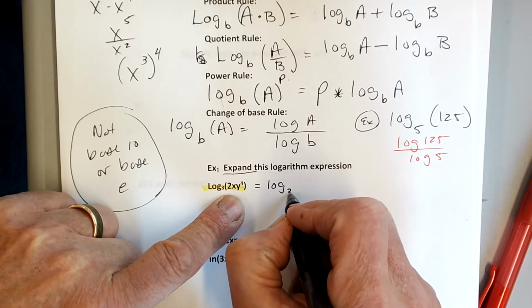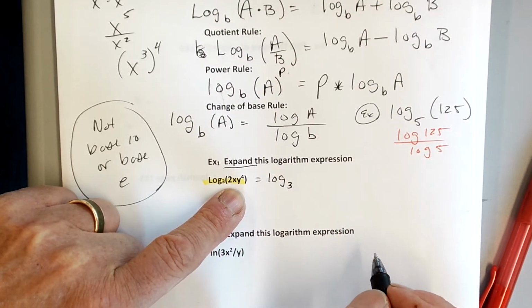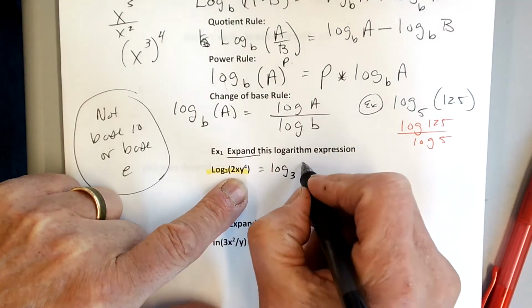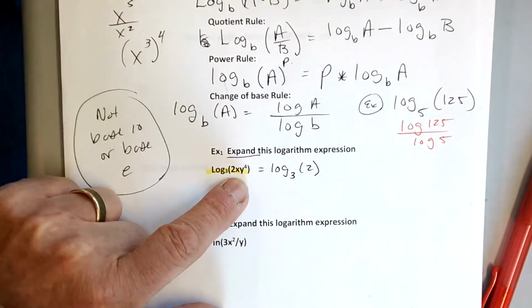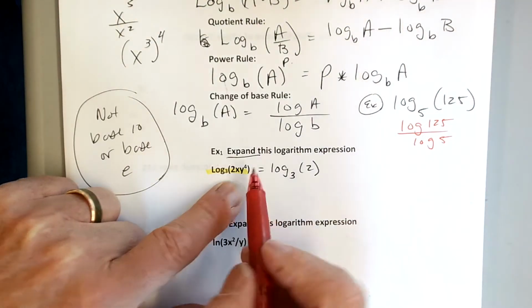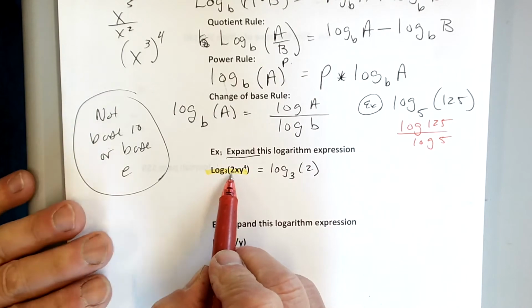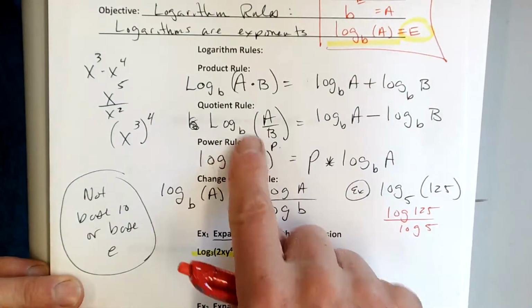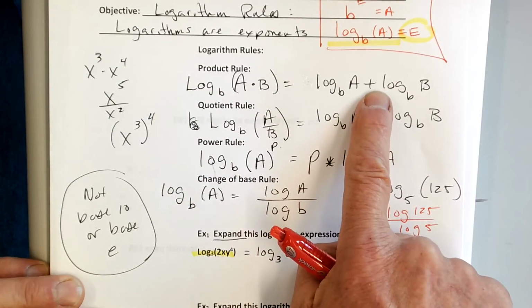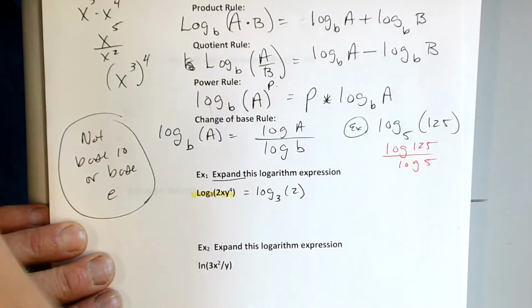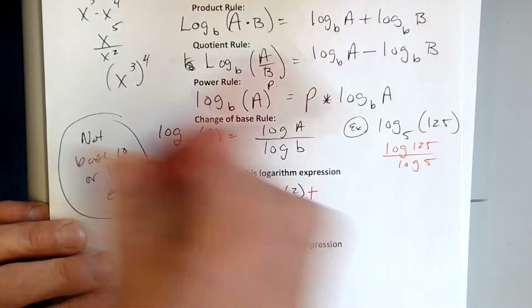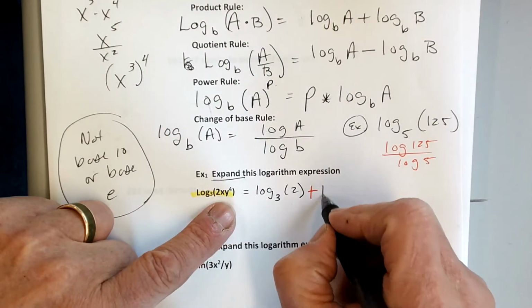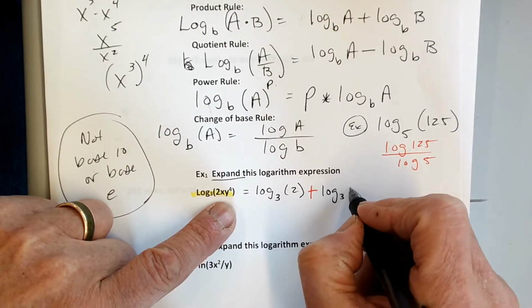So we're going to go log base 3 of 2. Now, it's 2 times x, isn't it? You guys agree it's 2x, 2 times x? So we get a rule. When we multiply, we can separate them by plus. So I'm going to go plus log base 3 of x.